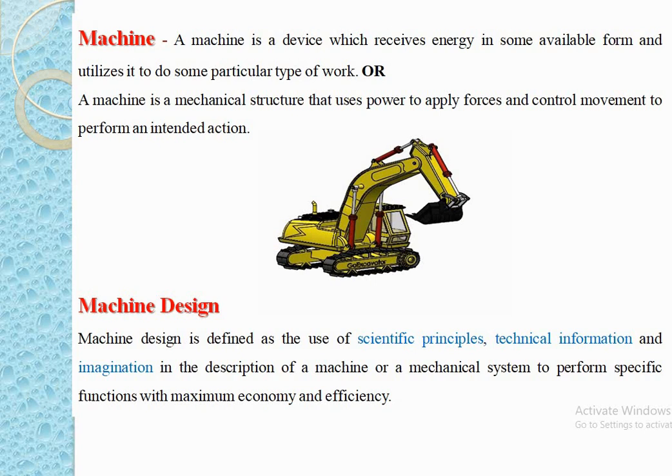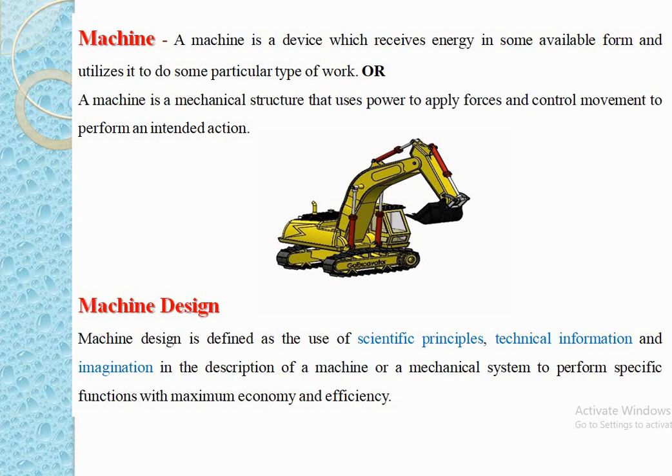That is the main purpose of the machine, to perform a particular task by utilizing input energy in any form. It may be electrical energy, mechanical energy, or solar energy. In any form, it receives energy and it performs tasks.